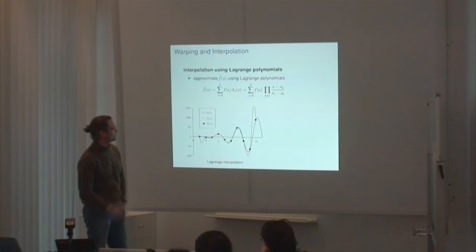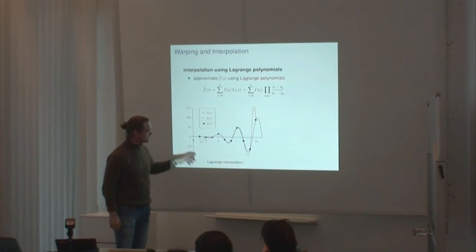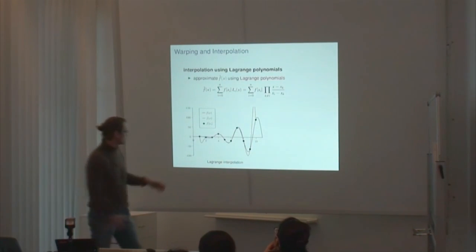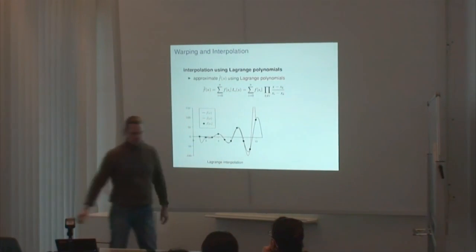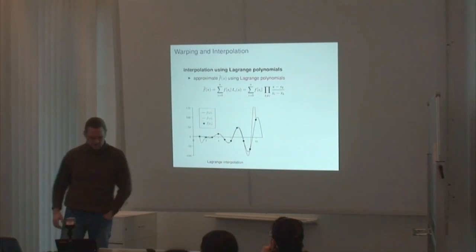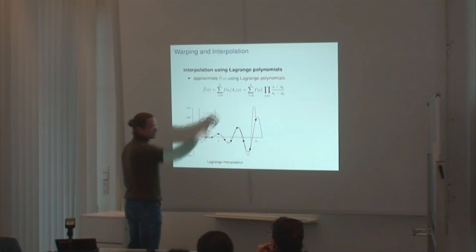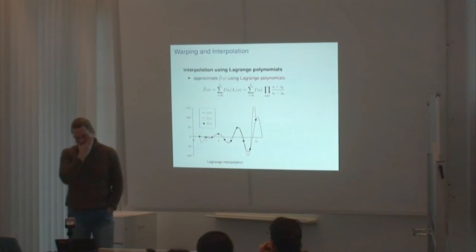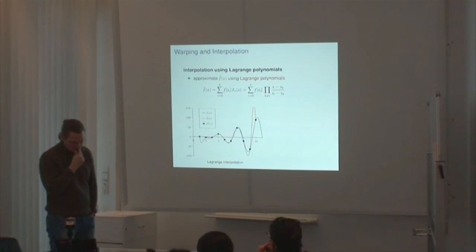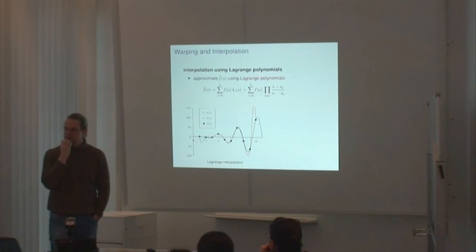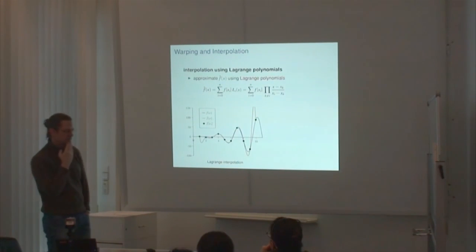High order of this polynomial towards the ends of the domain, towards the boundaries of the interval over which we are given sample points and function values, we observe this under and overshooting. Right. So, yeah, this is definitely not a bad idea, but certainly not a good idea either.